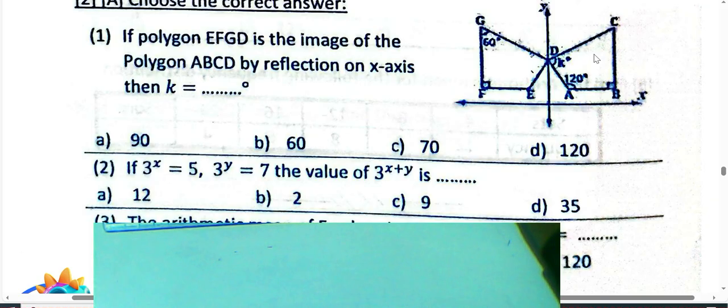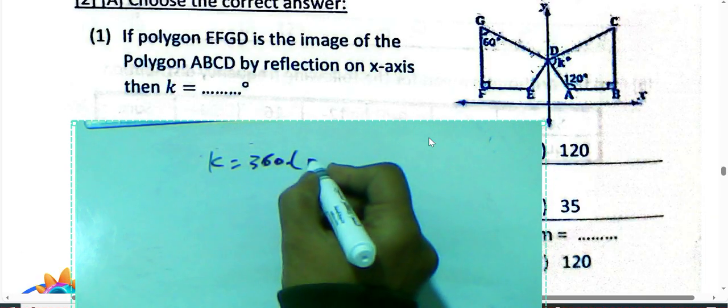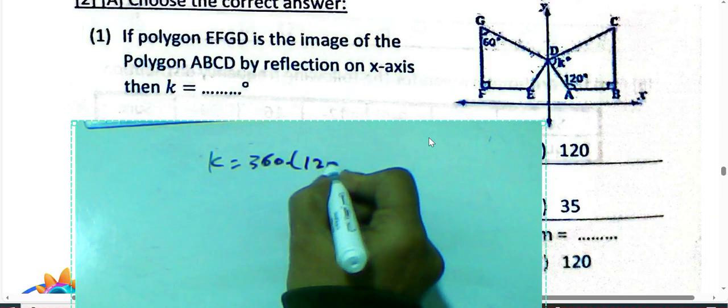We can write 60 plus 120 plus 90 subtracted from 360, because the measure of angle C is equivalent to the measure of angle G. They are corresponding angles, equal in measure. Then the value of k will be 360 subtracted by the sum of the interior angles 120 plus 90 and also 60.